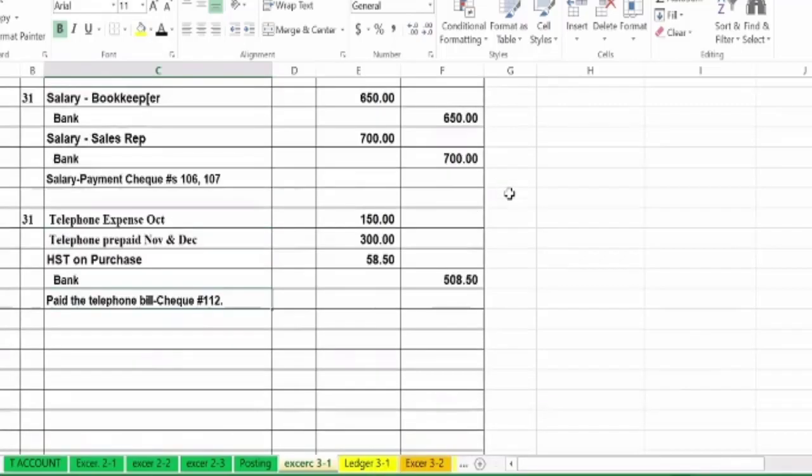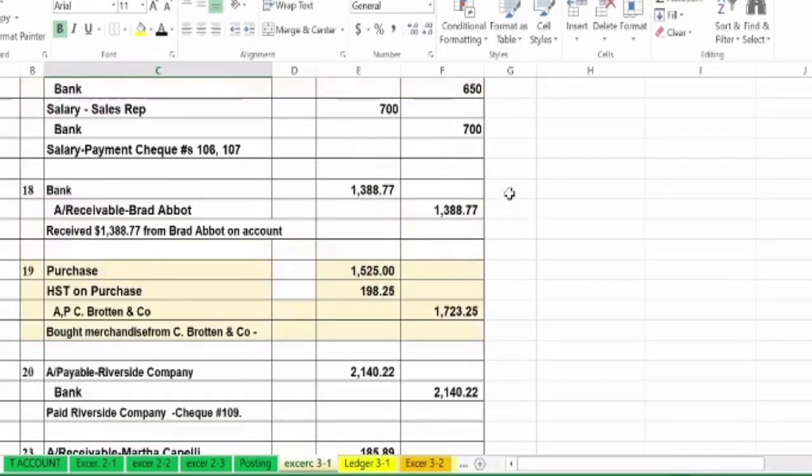So basically, we'll just copy and paste the entry from October 19th. First you have to reverse this entry. So we'll copy and paste, and then we'll do the reversal and the new one in the journal.